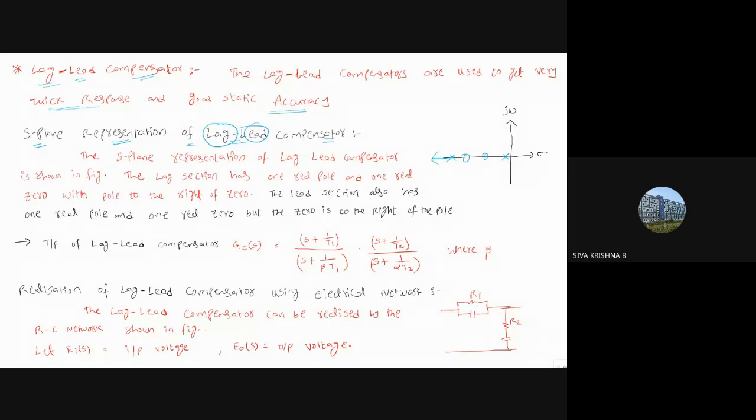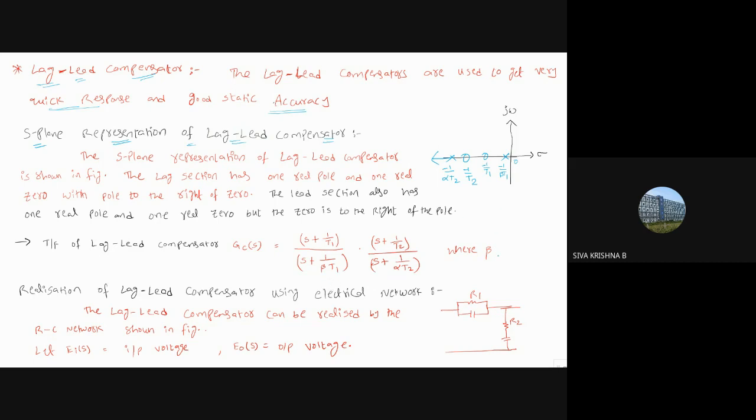The pole here is first minus 1 by beta t1. And the zero here is 1 by t2. This is the origin. So one is for lag and one is for lead.